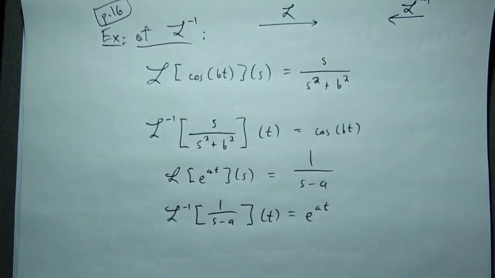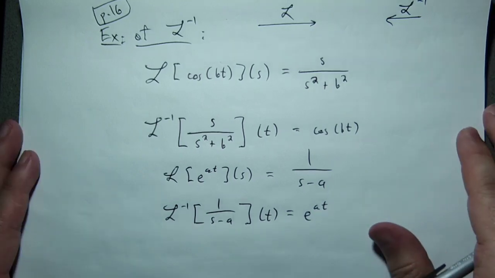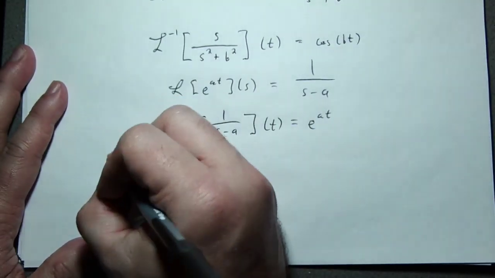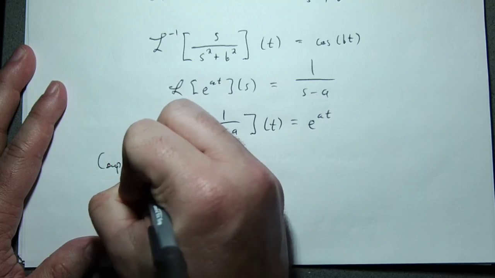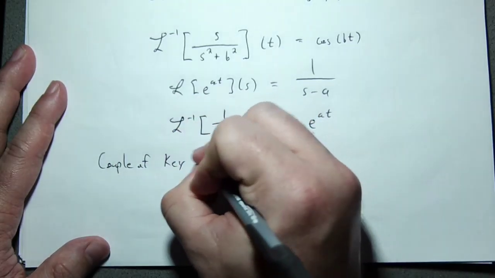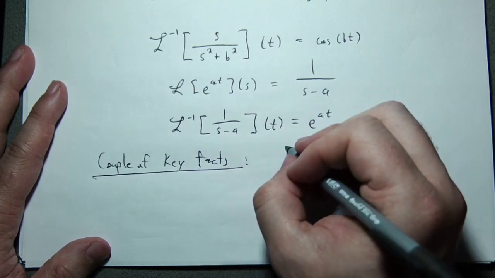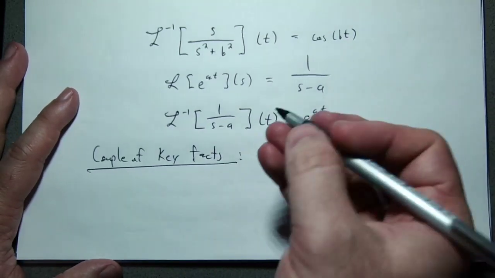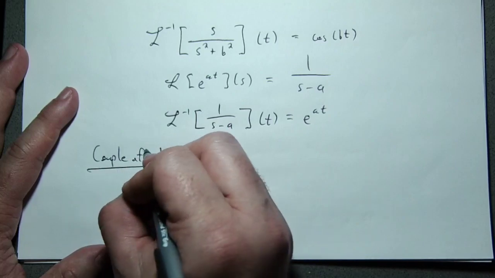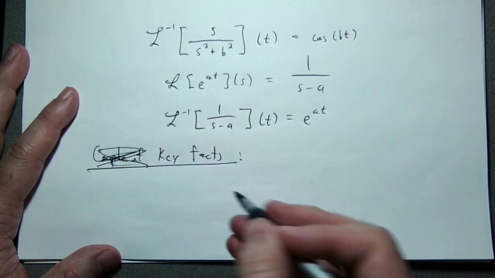So all of the fun is to be had in adjusting these things. So, a couple of key facts. What's the most important one? I'm just going to say key facts.